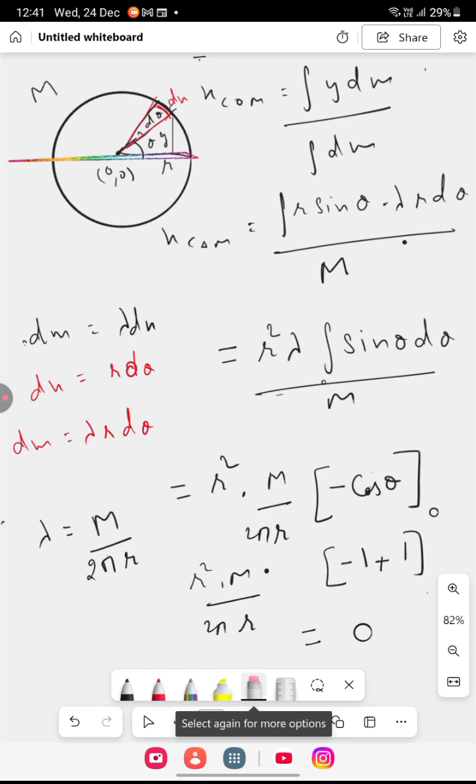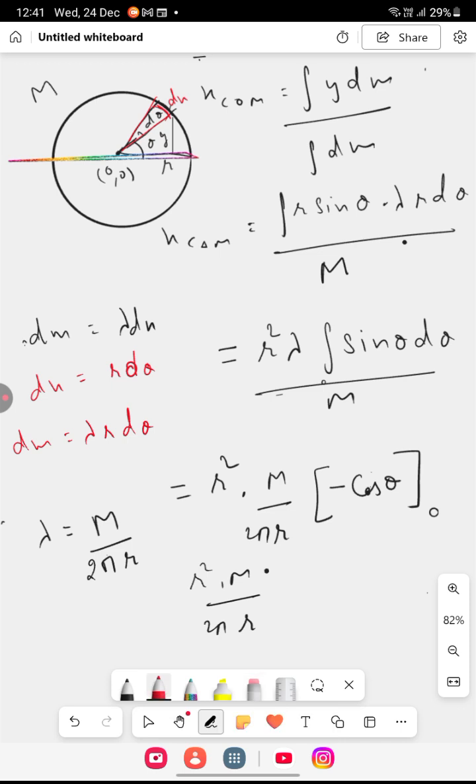Just change the limits and the result will change. 0 to pi, 0 to pi. Cos pi is minus 1, and this minus sign will make it plus 1. Cos 0 is 1, and minus minus plus 1.